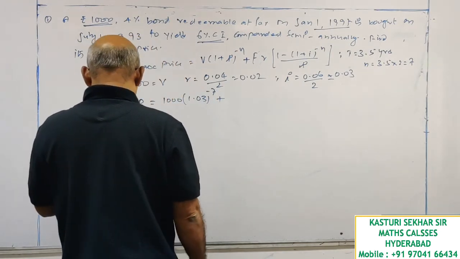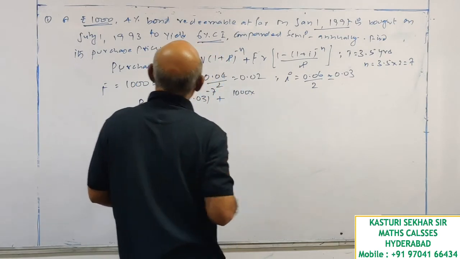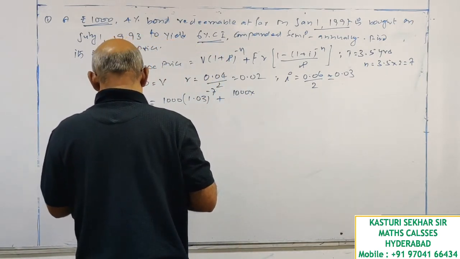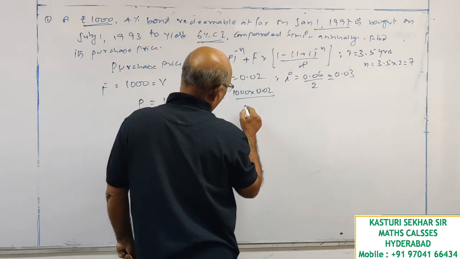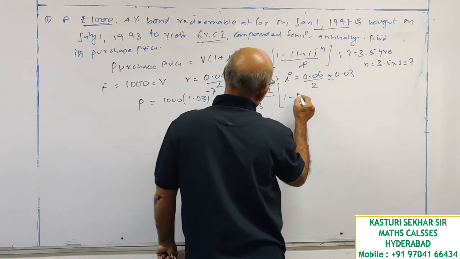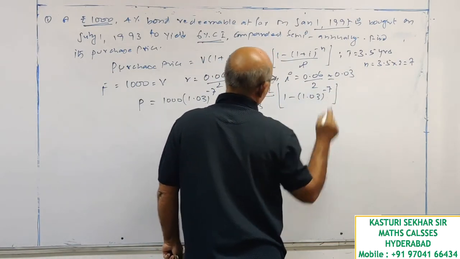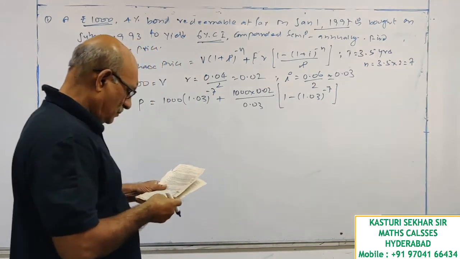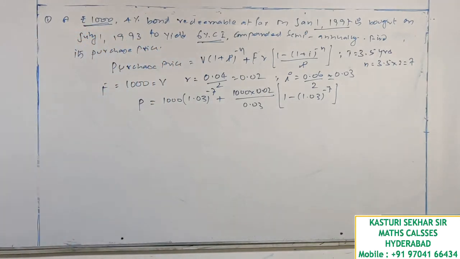plus face value, 1000 into 0.02 divided by I, which means 0.03, into 1 minus 1.03 whole power minus 7. This one we have to simplify.